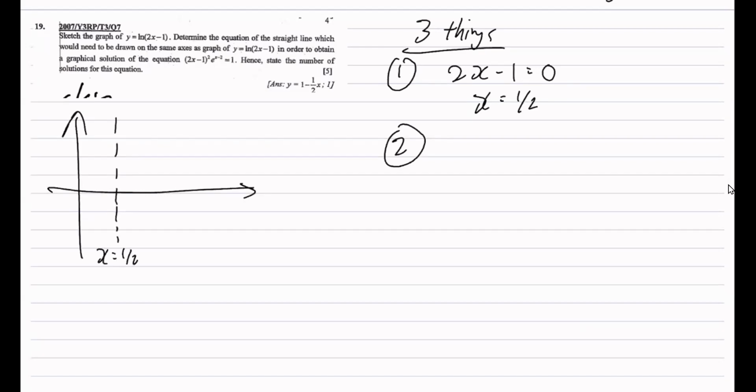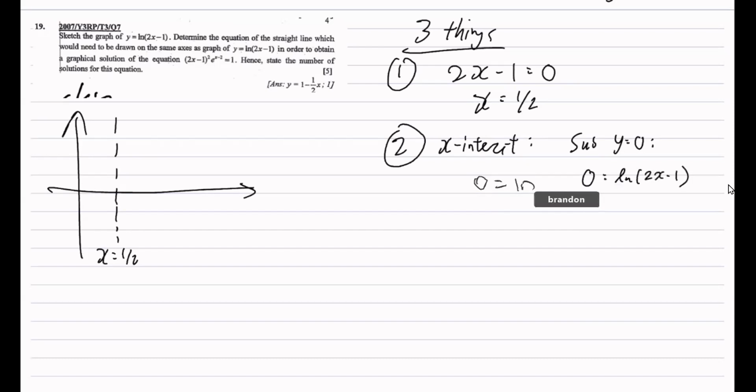Then the second thing, maybe the x-intercept. Sub y equals 0. So 0 equals ln(2x minus 1). Ln is just log base e. So what happens when you have a log?